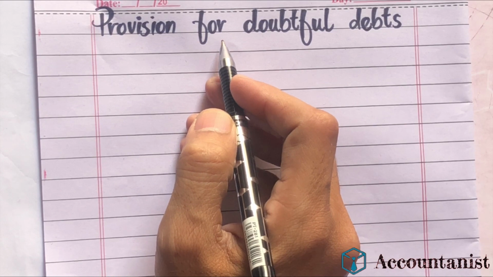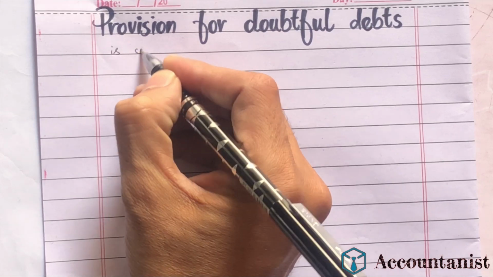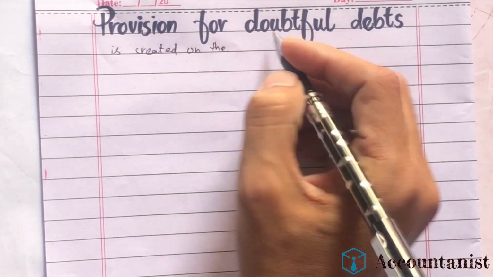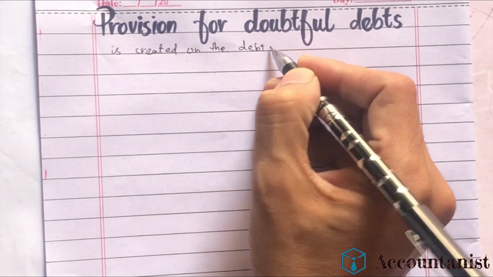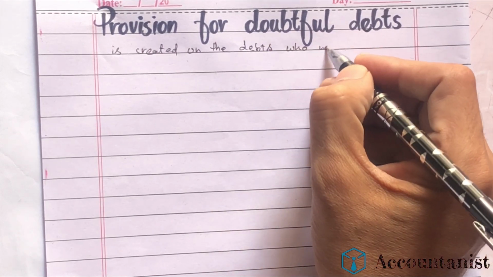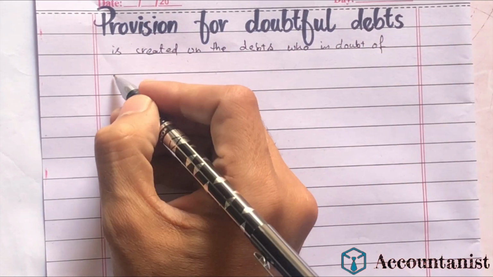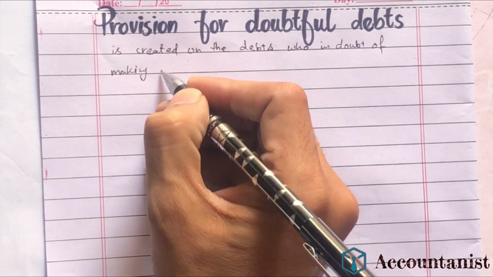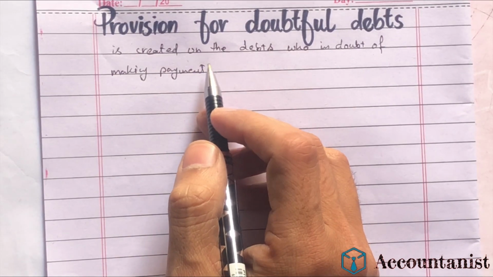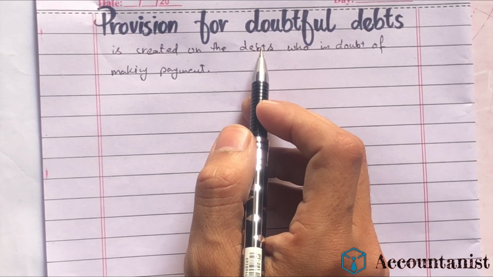The provision for doubtful debts is created on the debts who are in doubt of making payment. So it's an estimate that this much number of our receivables are not going to pay us.